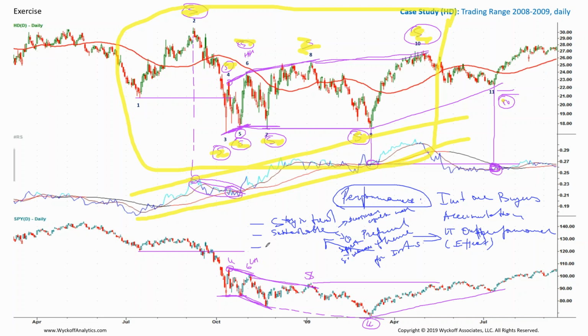What else is here? It could outperform on absolute and relative basis. So all of those things could happen just because institutions are eager to get into this position.